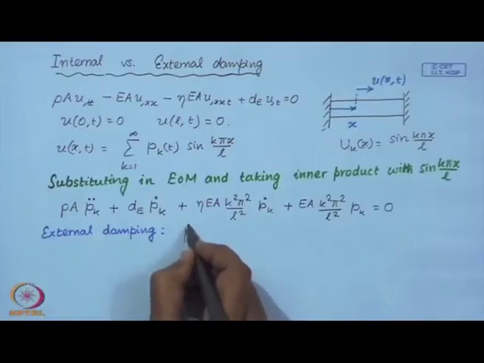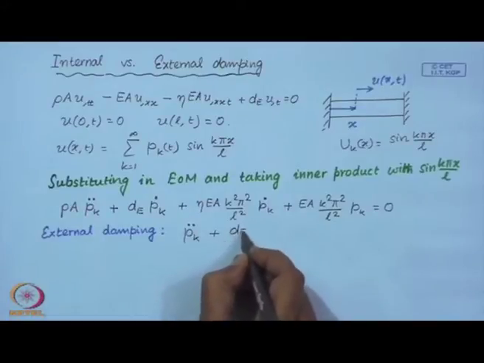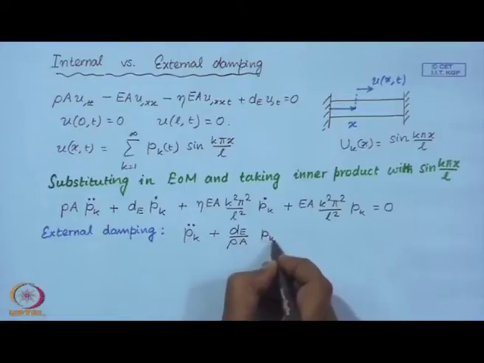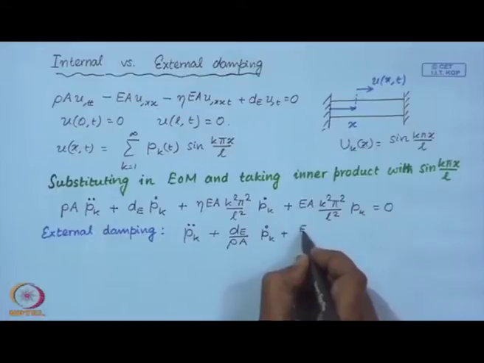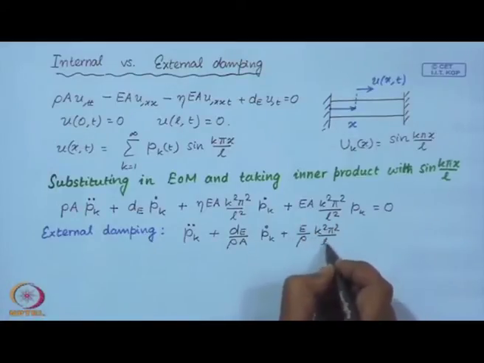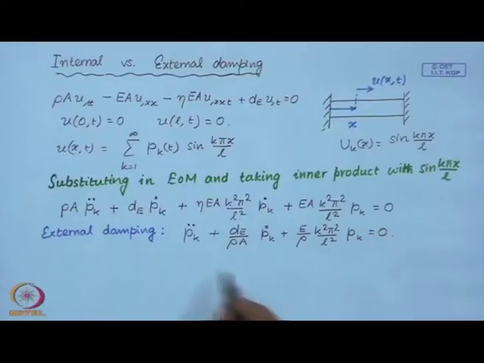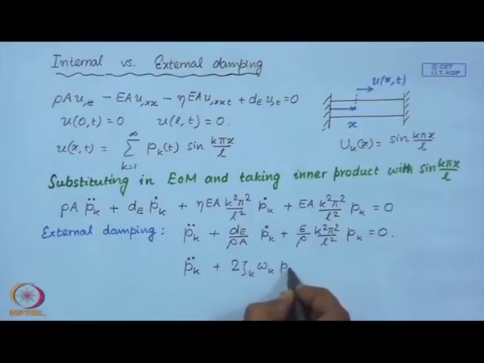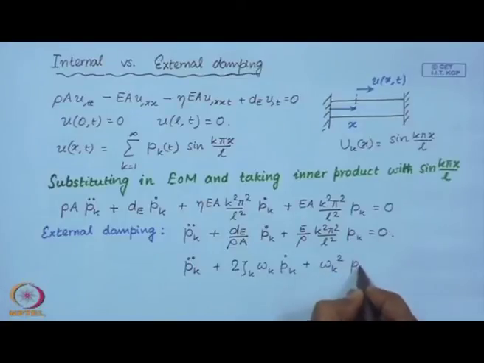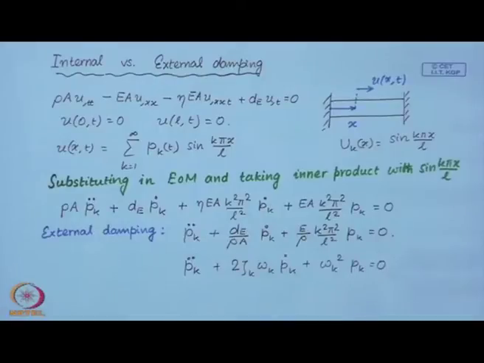I can write this as, which can be written as, and if you compare, then zeta k can be written as this.